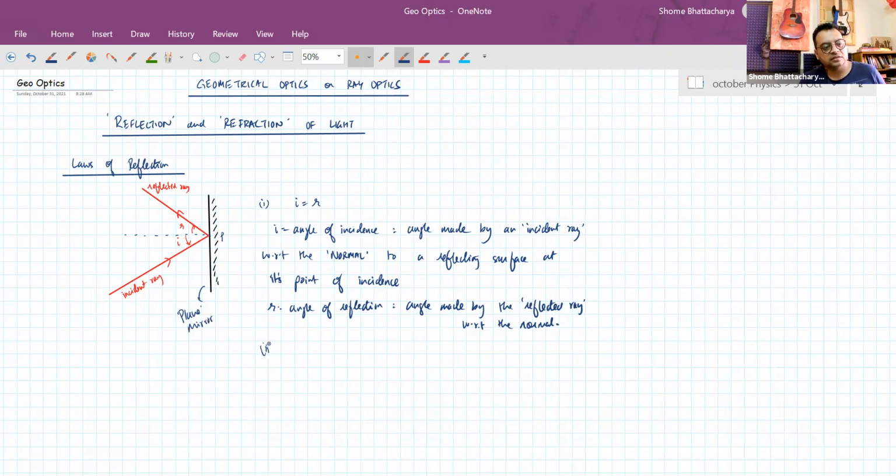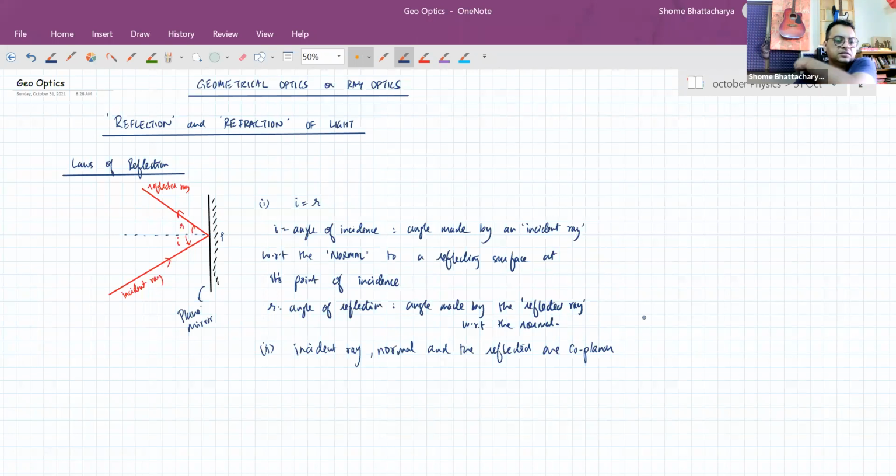The second law is that the incident ray, the imaginary normal that we have drawn over there, and the reflected ray, these three are coplanar.